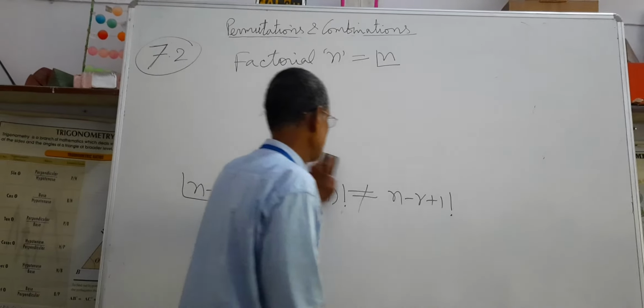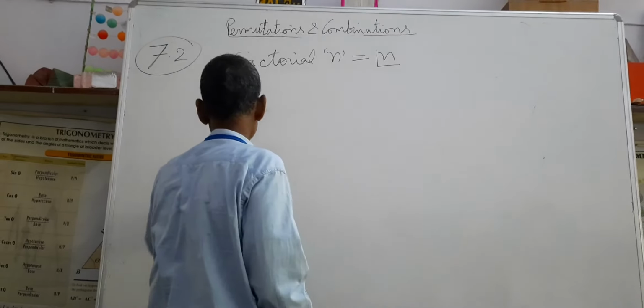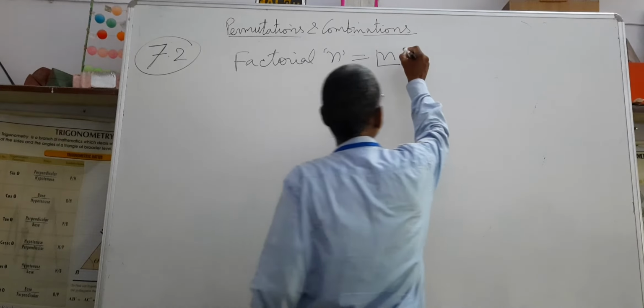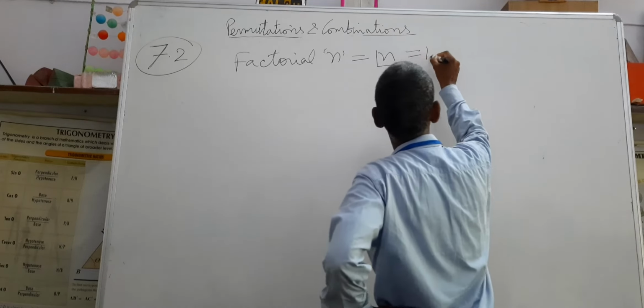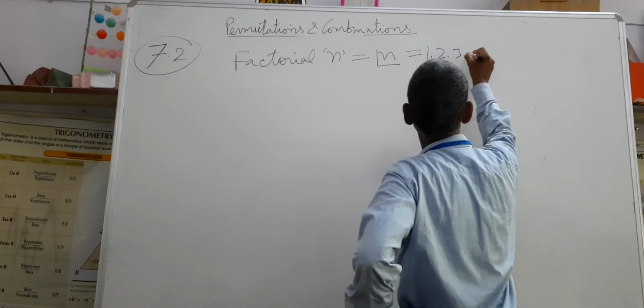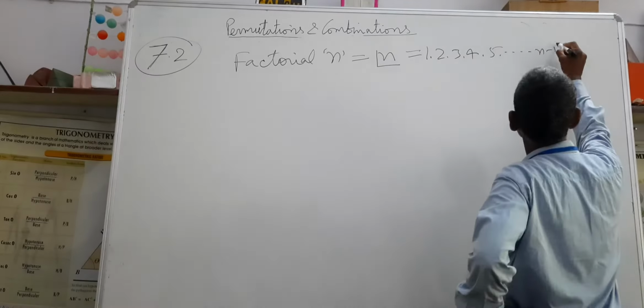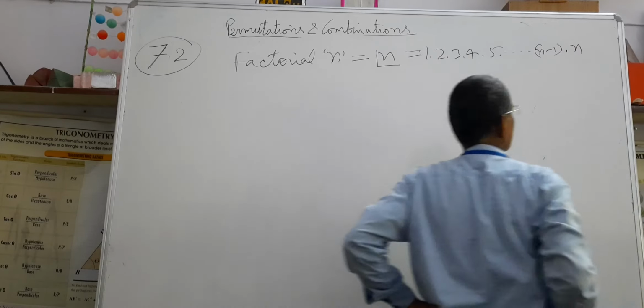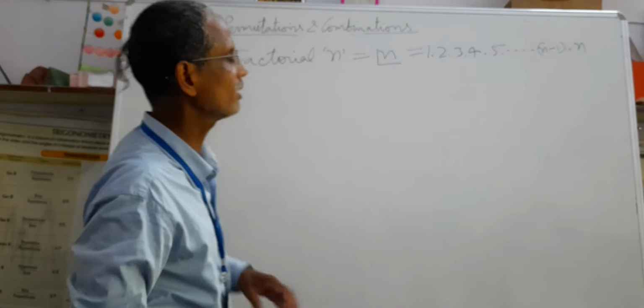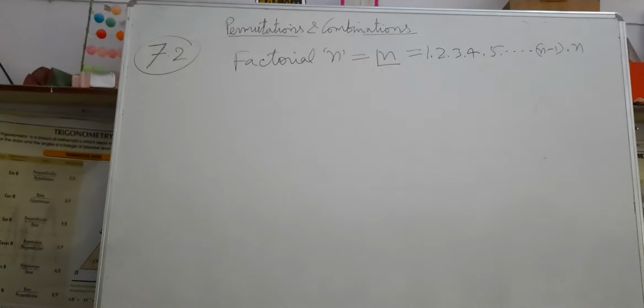Now, what is the value of factorial n? Factorial n is equal to 1 into 2 into 3 into 4 into 5 up to n minus 1 into n. The product of numbers from 1 to n is called factorial n.